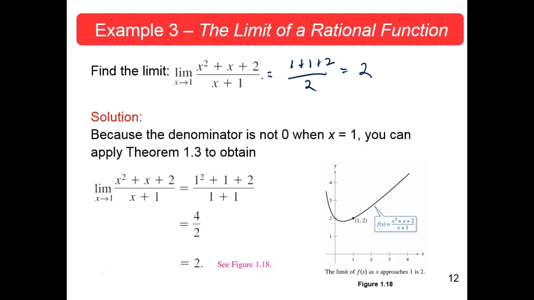Now, the other thing about this: anytime you have a rational function whose numerator is exactly 1 degree more than the denominator, this is a quadratic, degree 2, that's degree 1, then you're going to have what we call a slant asymptote. If this had been exactly the same, an x squared here and x squared there, you would have a horizontal asymptote.